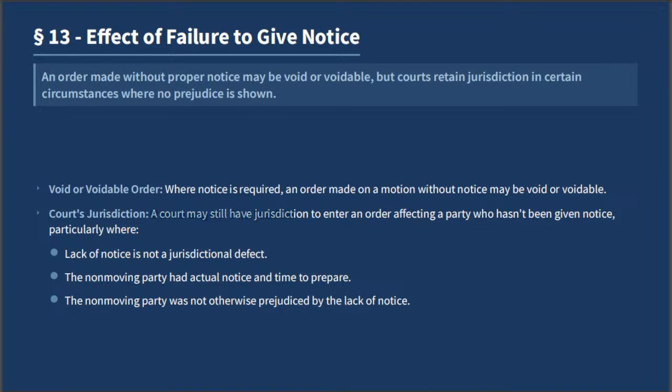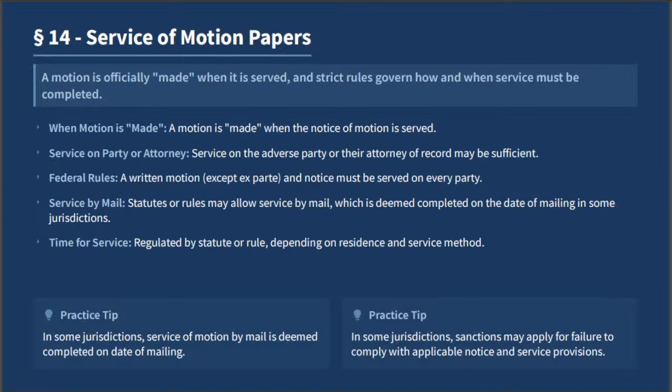A court may still have jurisdiction to enter an order affecting a party who hasn't been given notice, particularly where lack of notice is not a jurisdictional defect. The non-moving party had actual notice and time to prepare, or the non-moving party was not otherwise prejudiced by the lack of notice. I think that was an and. Yes. All right.